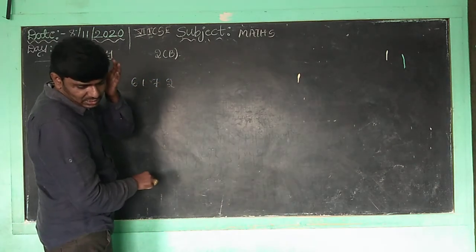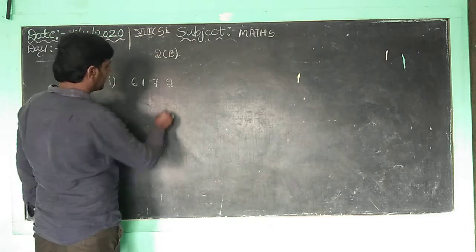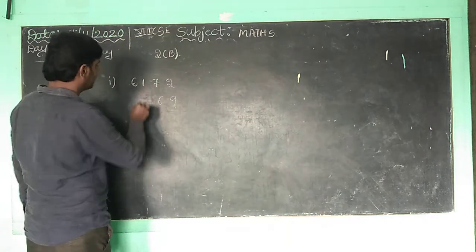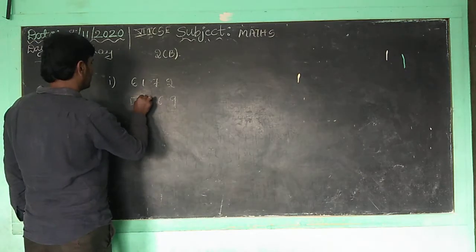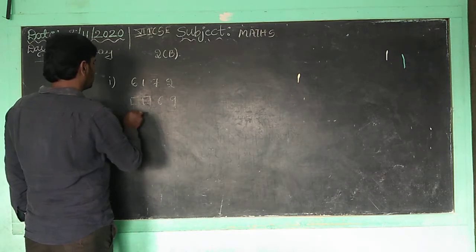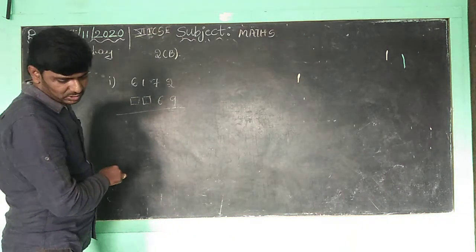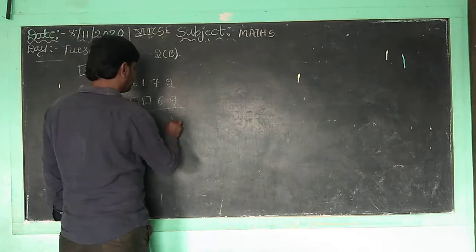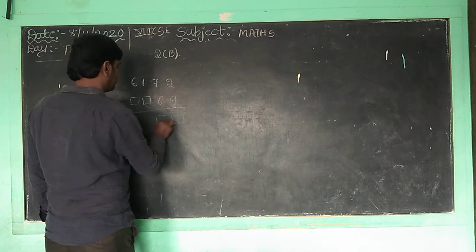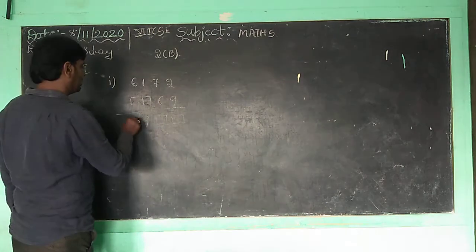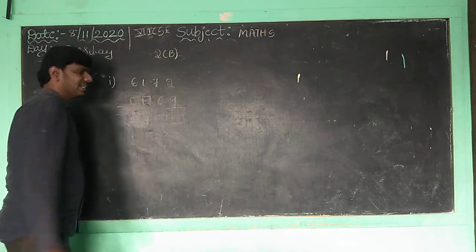And children, now we take 9, then 6. Correct, children. And this is a dash, and this is also a dash. So children, now we want to write what is that? Then here also a dash, and here also a dash, and on the right here 9 and 2. This is minus.